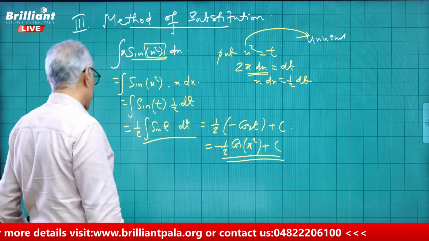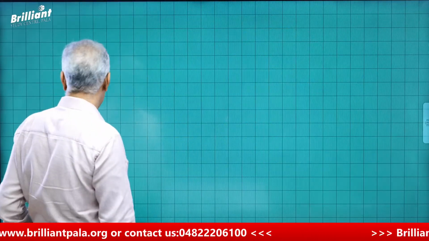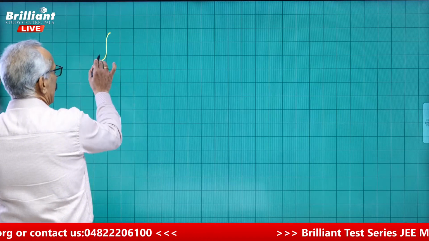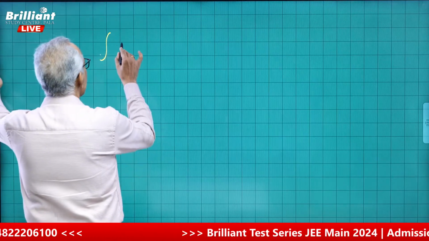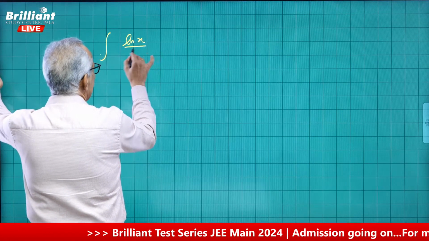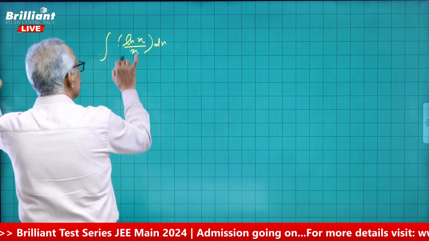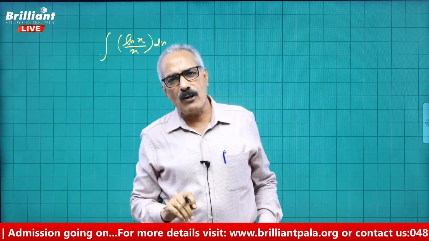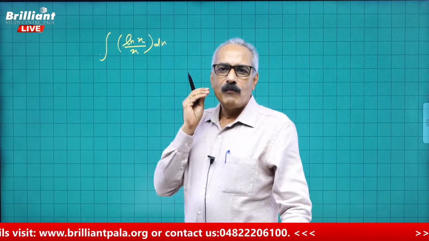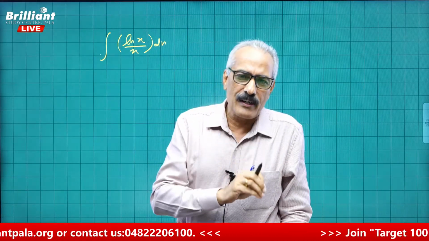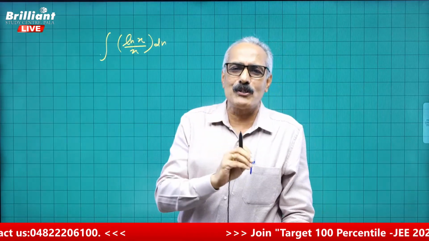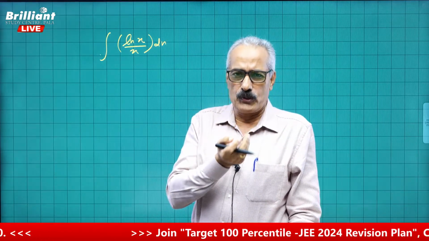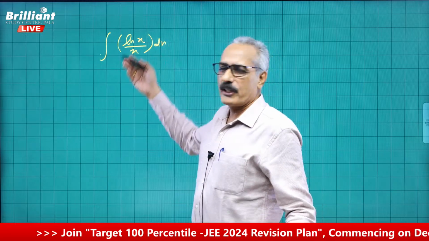One more question I will show you, that is substitution. Integral of logarithm of x divided by x dx. So usually we don't expect a question in terms of log. I told you, whenever you have a quotient as your integrand, we try to check whether the numerator is a derivative of the denominator.